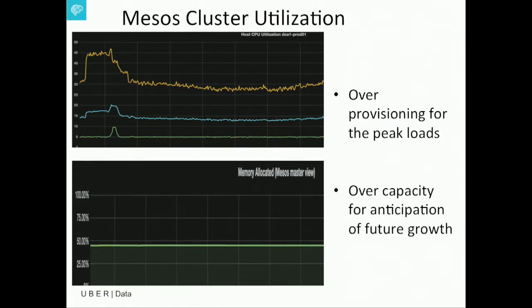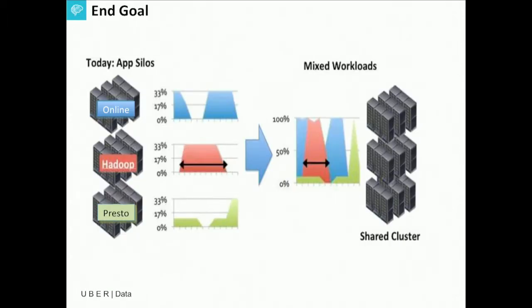So pretty much the end goal should be like this, where all these different kinds of workloads run together in one cluster. That cluster should run all kinds of workloads and give resources to all kinds of workloads when they need it, right? And that pretty much will bring the utilization of each and every machine in your data center high.